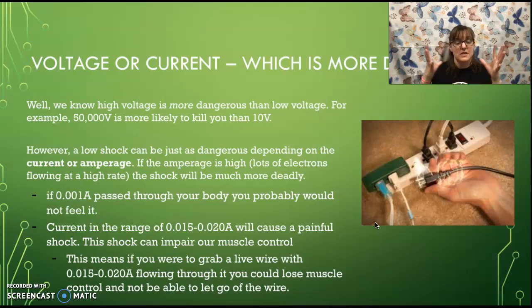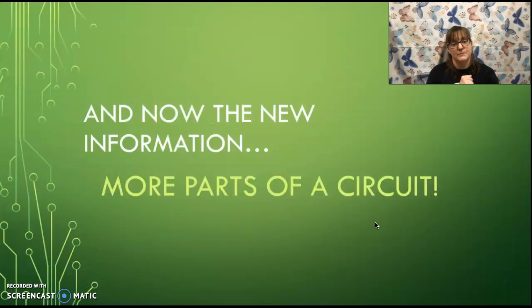So when that happens, you can have a contraction where you now cannot let go of that live wire. And that's one of the reasons why it's so dangerous, because you can't get away from that current because your muscles will contract and you can't physically let go.